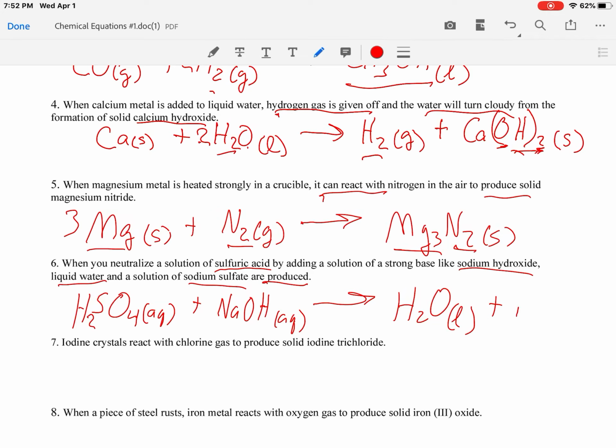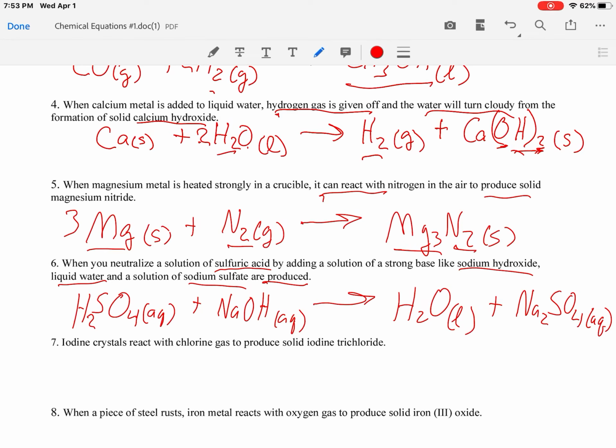So sodium is a +1, sulfate, SO4, is a -2, so that means we need 2 of those sodiums, and that is a solution, and that is AQ, all right? I think this is the first problem on this page that we've had the AQ symbol for, but that means solution or dissolved in water.